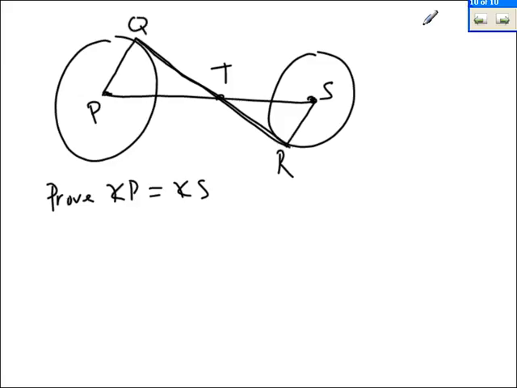I also want to prove that PT divided by ST is equal to QT over TR.